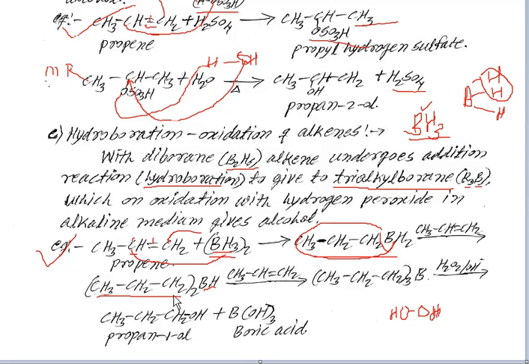That product, when it further reacts with propene, we get CH3 CH2 CH2 thrice, that is tripropylborane. The name of that compound is tri because it is thrice. Tripropylborane.